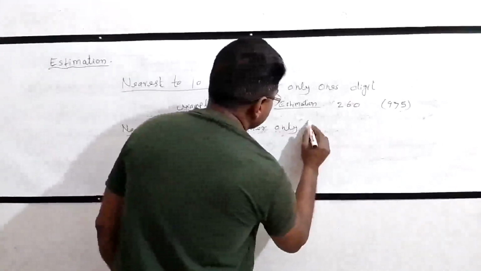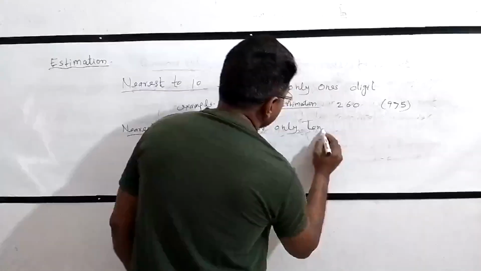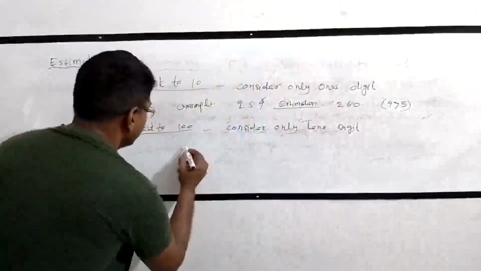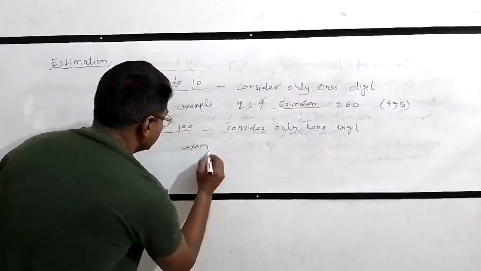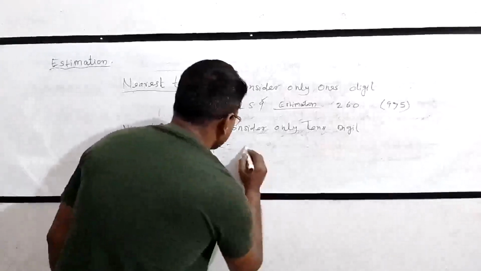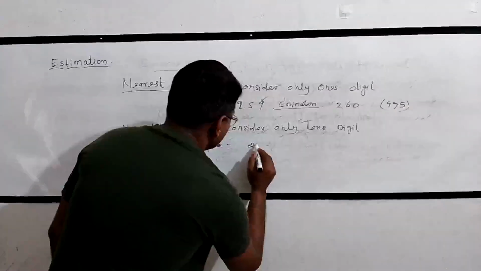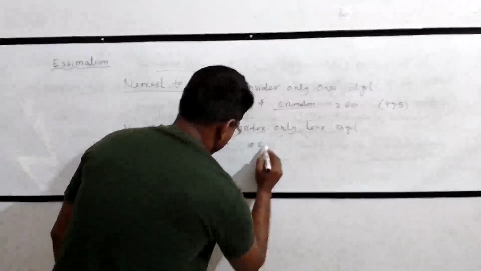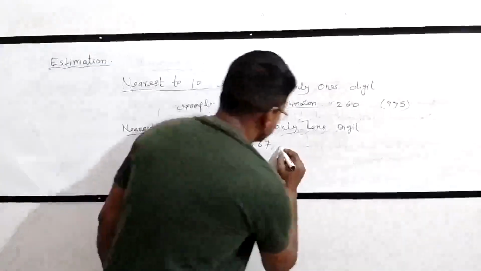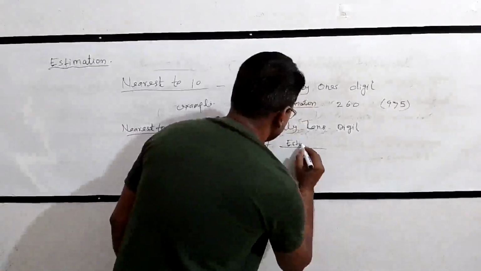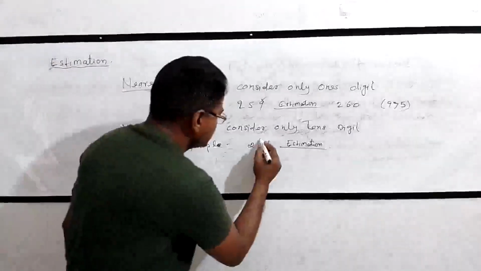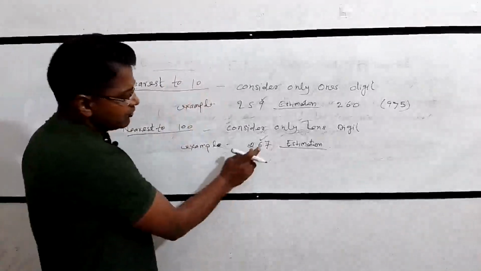Example: again, if I take 267, then through estimation, here you have to consider only the tens digit.